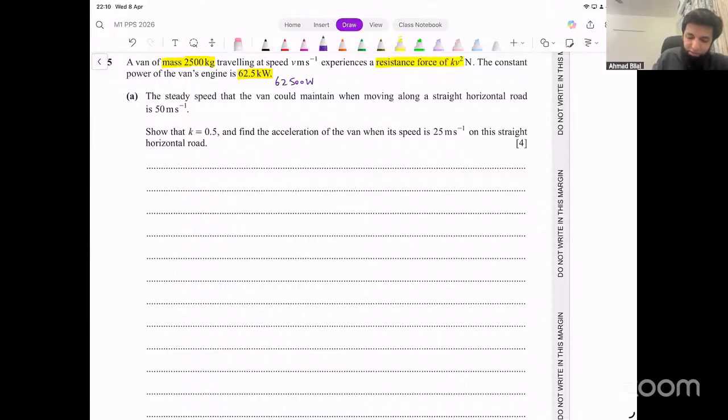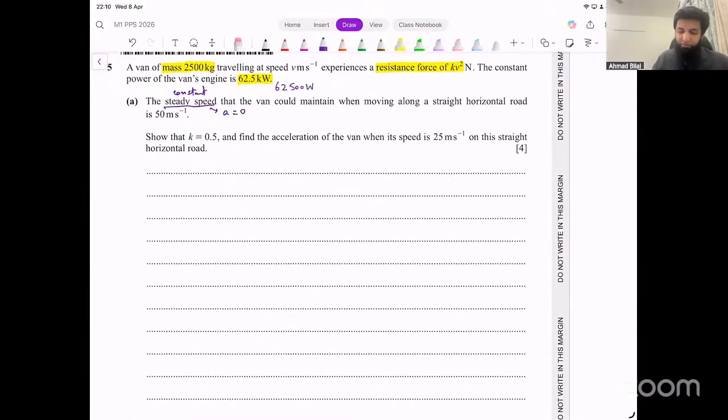Steady speed means constant speed, and that means the speed when acceleration is 0. This constant speed that the van could maintain while moving along a straight horizontal road is 50 meters per second. Okay, the steady speed is 50 meters per second. So show that k is equal to 0.5 and find the acceleration of the van when its speed is 25 meters per second on the straight horizontal road.